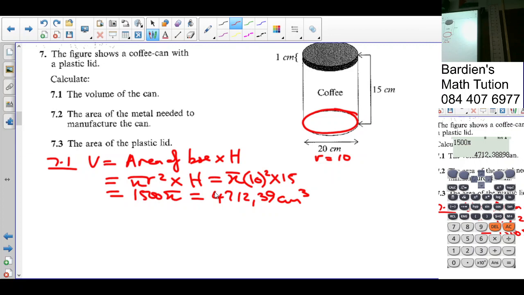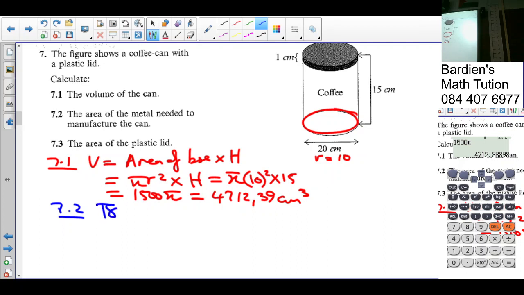Then in number 2, the area of the metal needed to manufacture the can. So, what are we actually calculating here? The total surface area, not so?